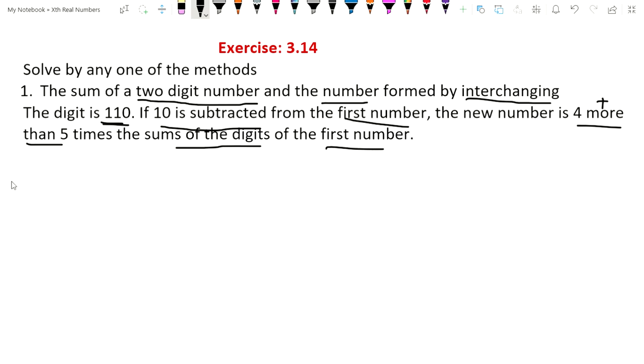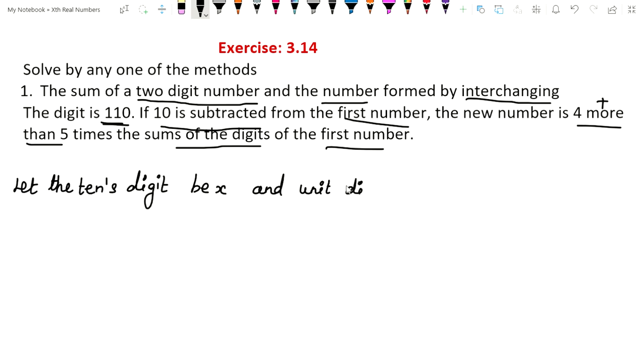Okay, children, see here. Let the tens digit be x and unit digit be y.